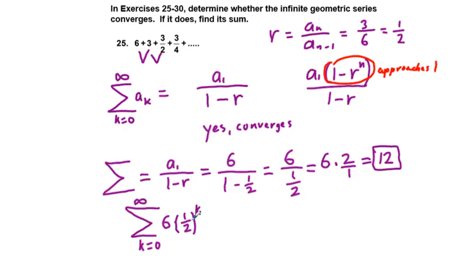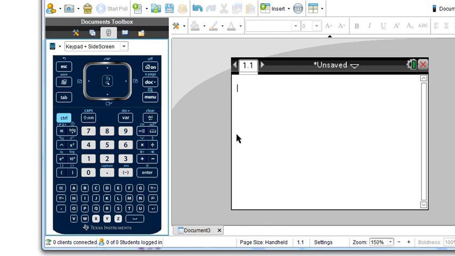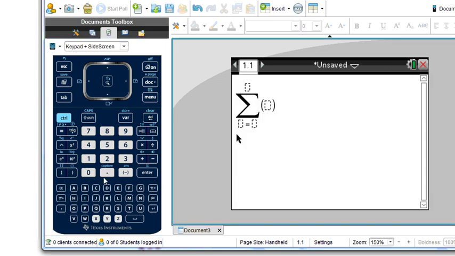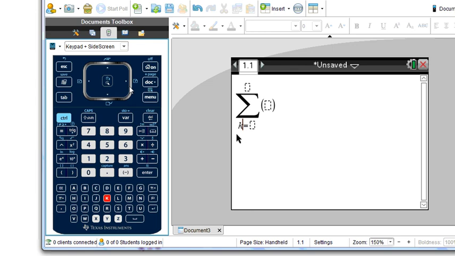number in there. Now this series is going to go down toward 12 pretty quickly, and so what we can do is put a number in there for infinity in its place, and we go next to the 9, and we come here to enter, and we're going to start out with k equals 0. Instead of putting infinity up here, we can put a number the calculator can deal with.